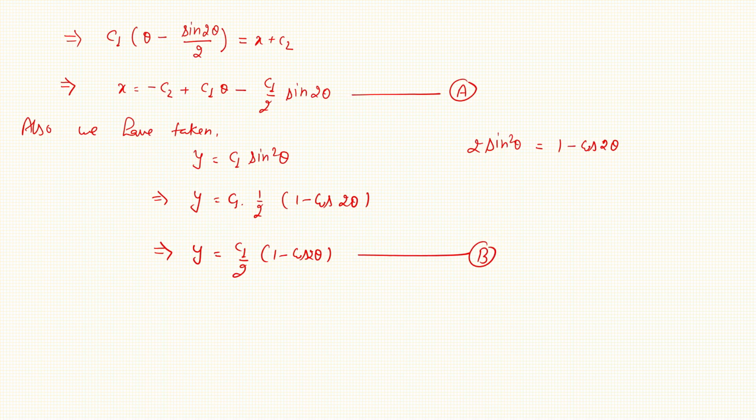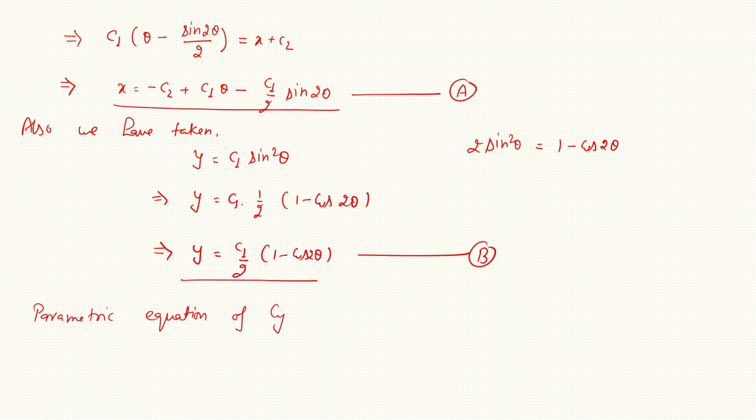Here equation A and B together represent a solution of this problem, and this is a parametric equation of cycloid. Thus, we can say that the solution of Brachistochrone problem is a cycloid.